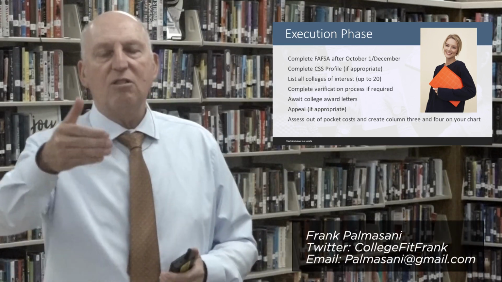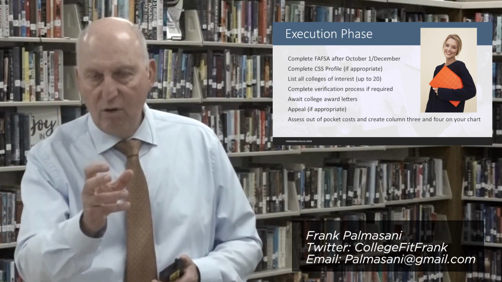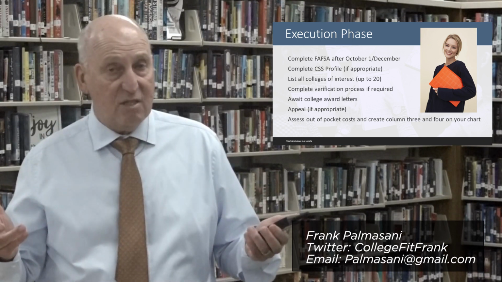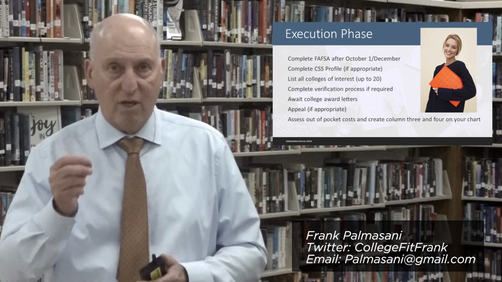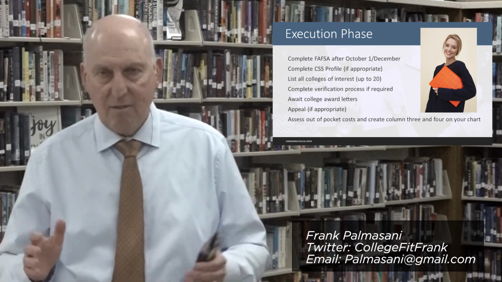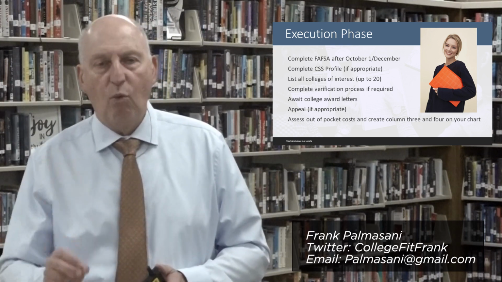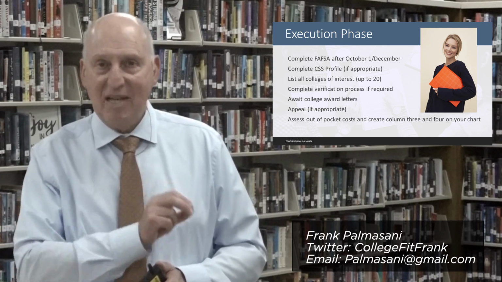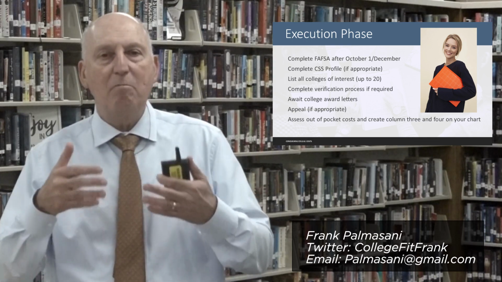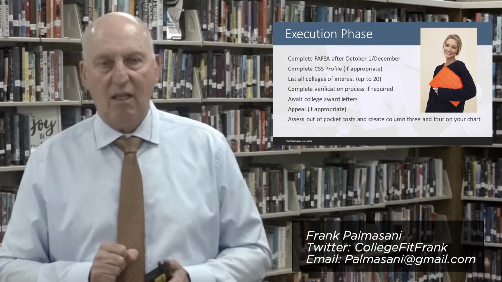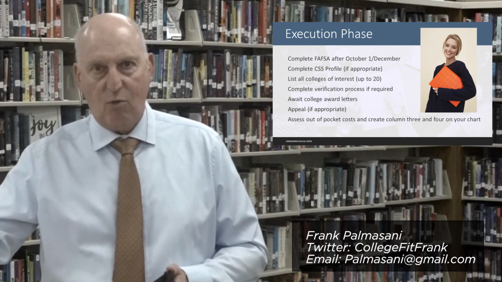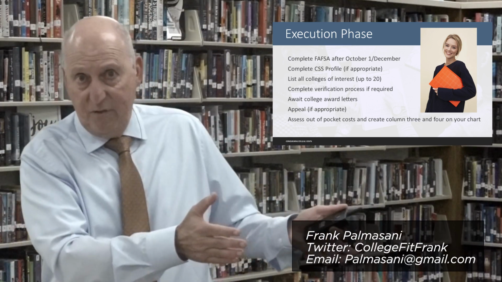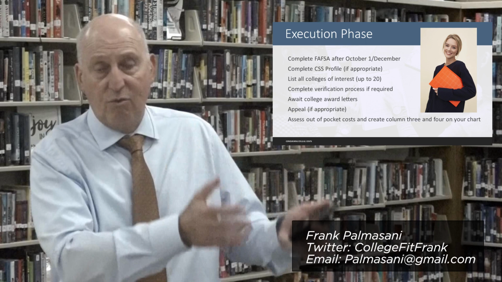Because now you're going to disclose to them more information they need to know about your family. What are those pieces of information? For example, in the past, if you had more than one child attending college at the same time, that could be a benefit to you in the calculation. They've eliminated that question. So ultimately now you have to share that information with the college directly.